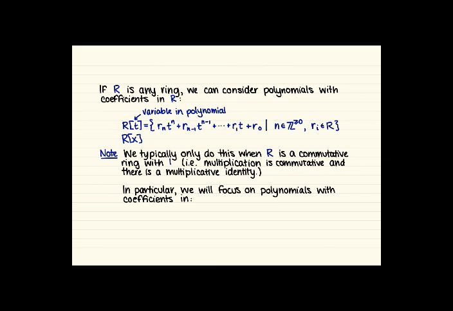And in particular, we're going to focus on polynomials with coefficients in Z, Q, R, Z mod M for integers M, both prime and not prime, and something that we haven't talked about yet, which is F_q. So this is a finite field with q elements.